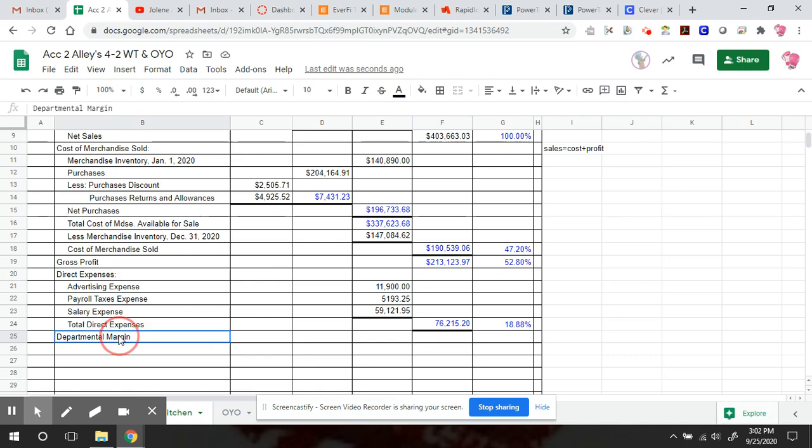Department margin means profit. So we're going to subtract this because here's our gross profit. Now we have to take away our expenses. So here I'm putting in equals F19 minus F24.